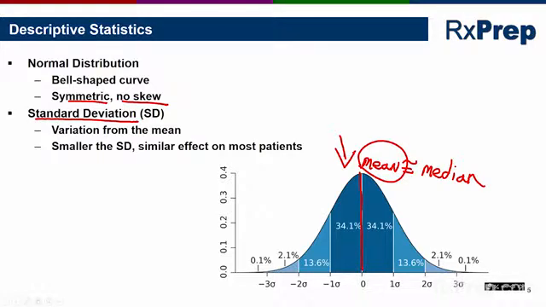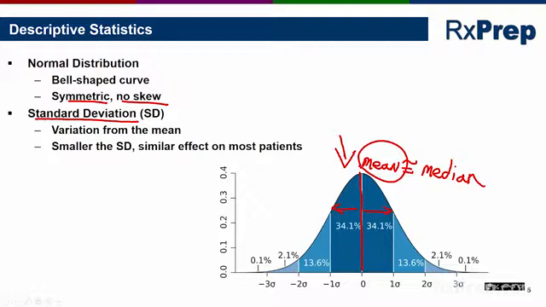A standard deviation is the variance from the mean. So how far away are we from the mean? We usually describe things as 1 standard deviation away and 2 standard deviations away. When you have normally distributed data, that's when you can use standard deviation.